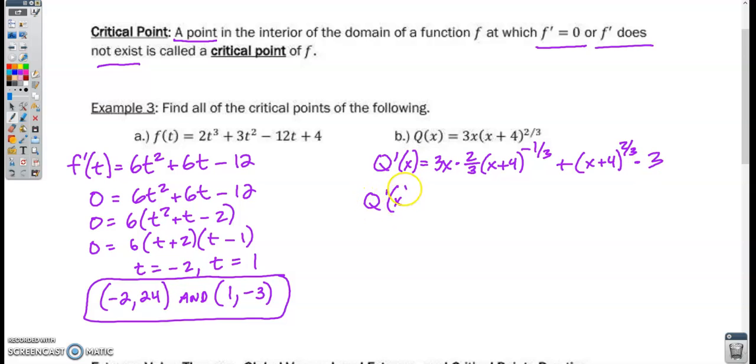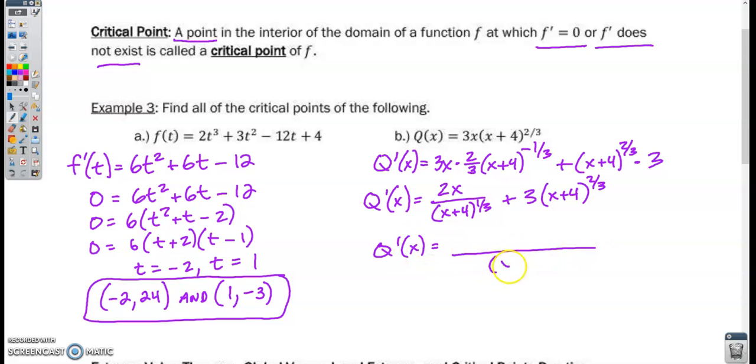So the first step in doing that is I'm going to simplify this to 2x over the quantity x plus 4 to the 1/3 plus 3 times the quantity x plus 4 to the 2/3. And then I'm going to put that over the common denominator, the quantity x plus 4 to the 1/3.